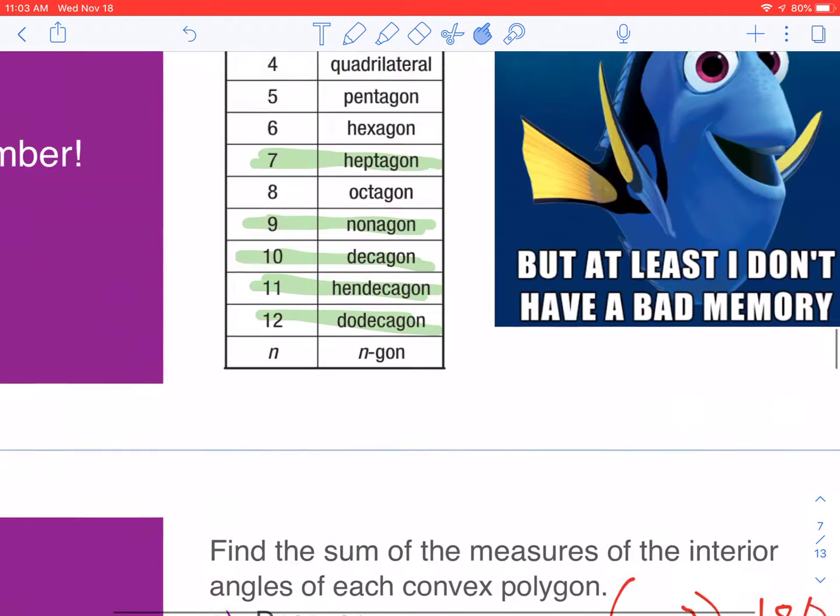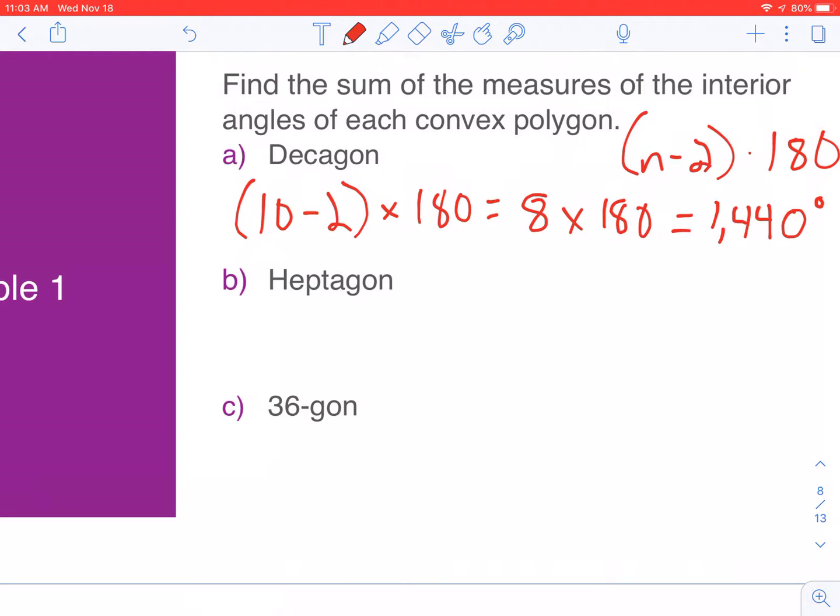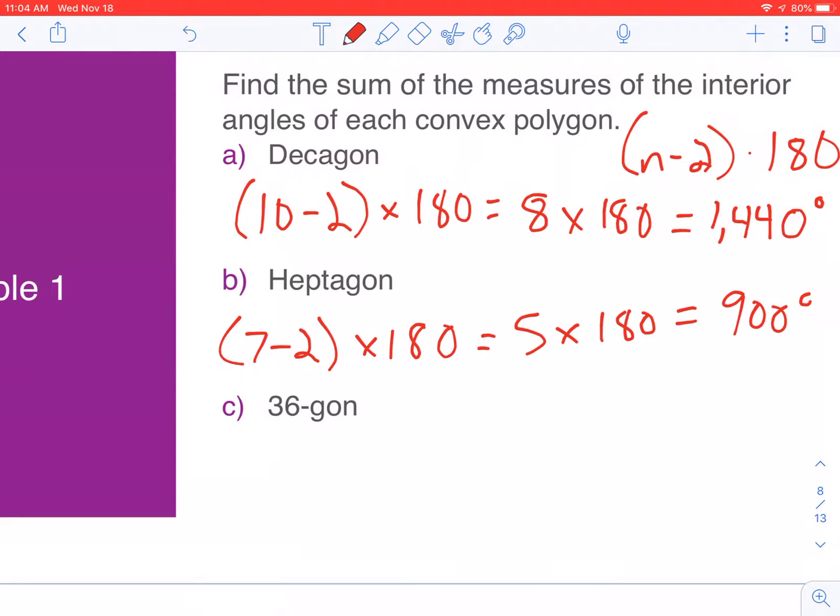All right, heptagon. I actually have to look back on the chart. 7 sides. So we're going to do 7 minus 2 times 180 equals 5 times 180 equals 900 degrees.